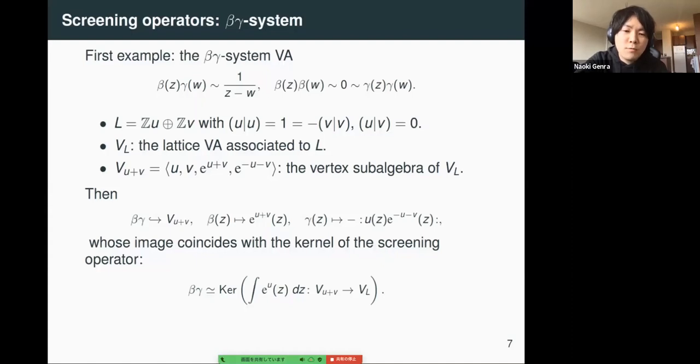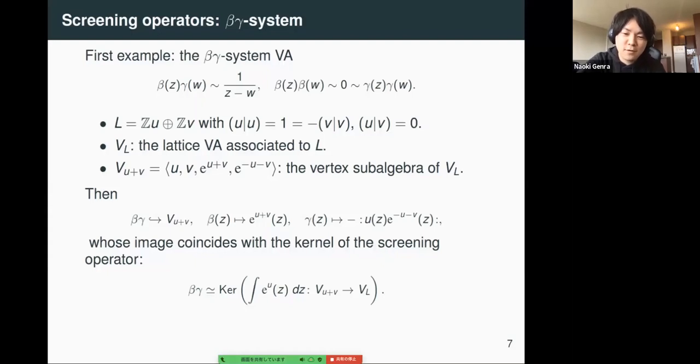And the non-trivial part is that this image coincides with the kernel of a screening operator. The image of the beta gamma system can be identified with the kernel of the integral of e^u(z) dz. This integral means the formal residue, which is just the coefficient of z^{-1}.